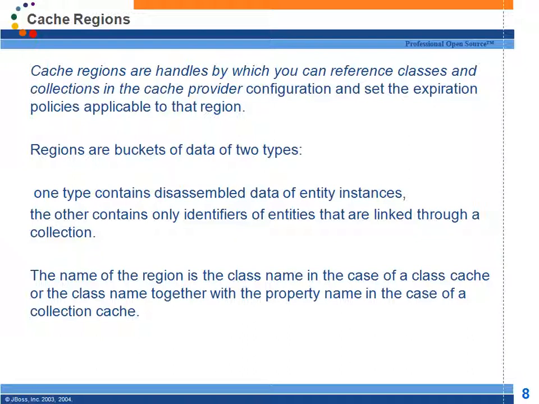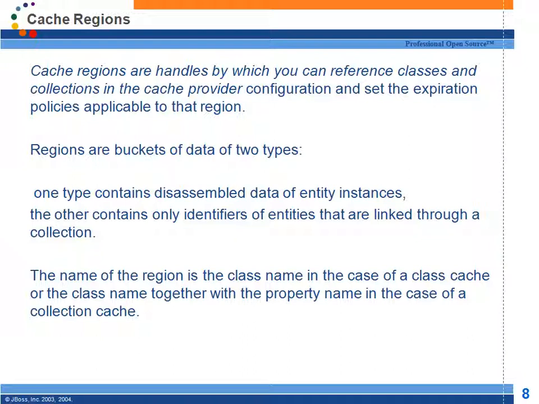Now the data for each class is shared in a region called a cache region. The second level cache can be maintained in memory or in the file system. In memory, the space allocated for the second level cache is divided into regions.